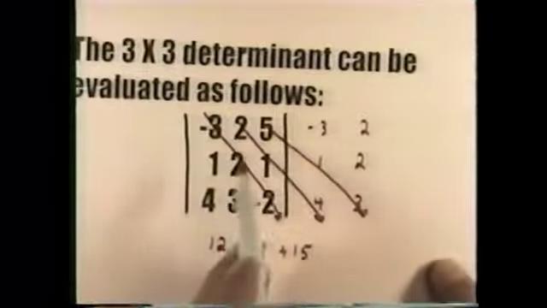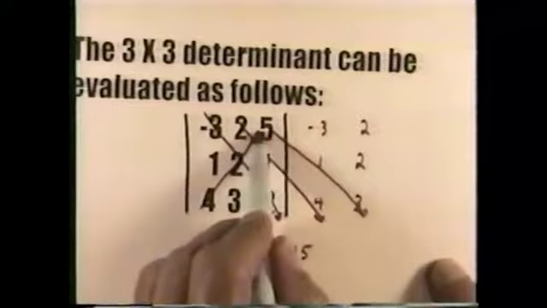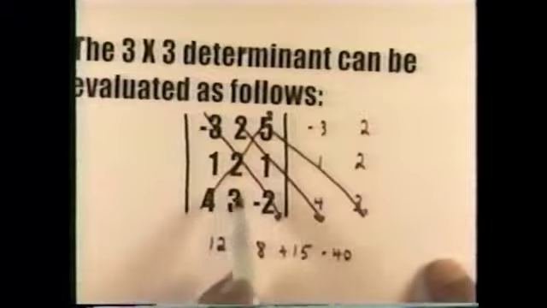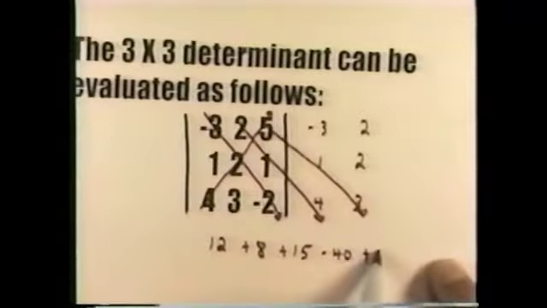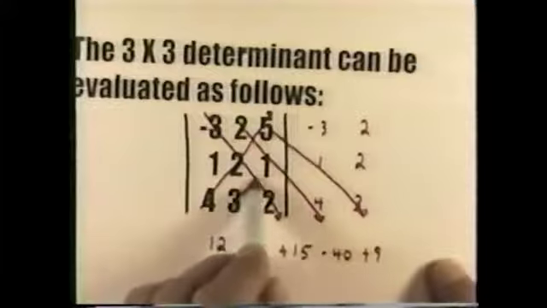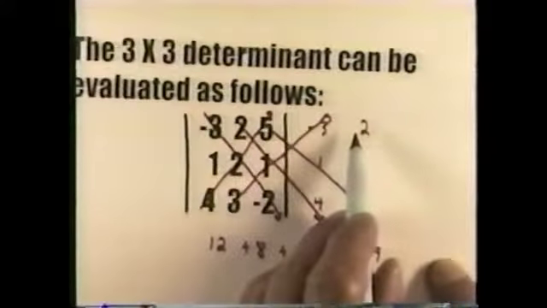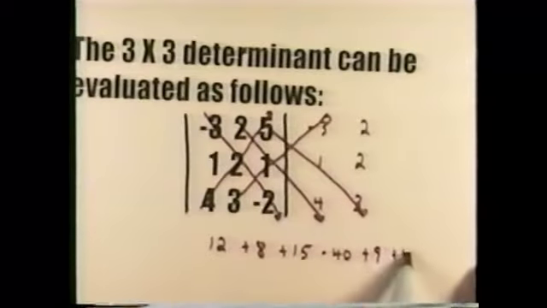Now as we go the other way, we go up this way and reverse the signs. 4 times 2 is 8, 8 times 5 is 40, so it's going to be minus 40. 3 times 1 is 3, times negative 3 is negative 9, reverse it, it would be plus 9. Negative 2 times 2 is negative 4, times 1 is negative 4, reverse it, it would be plus 4.